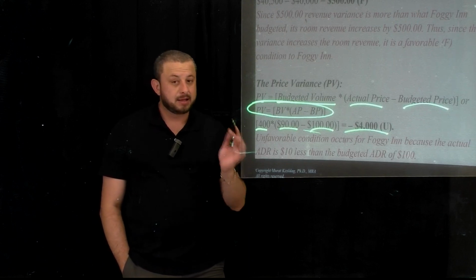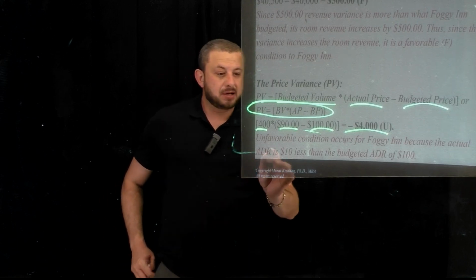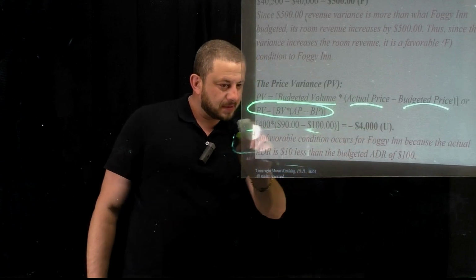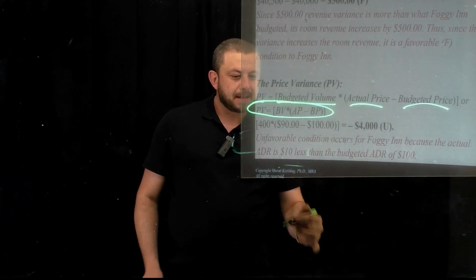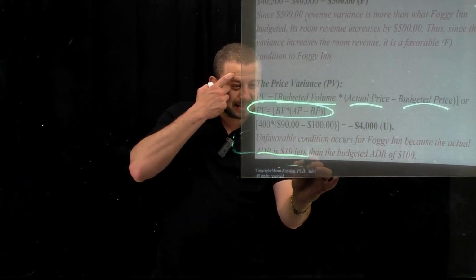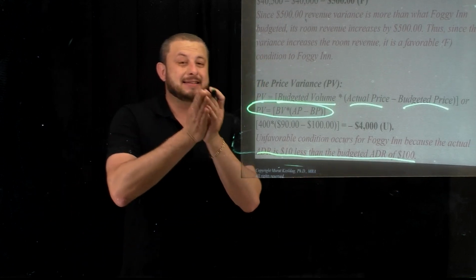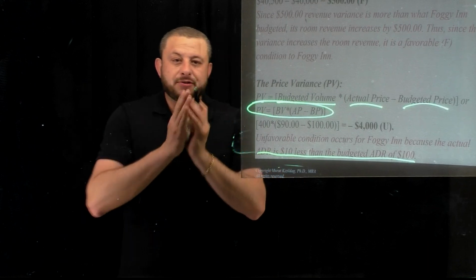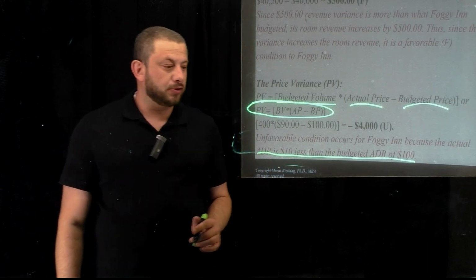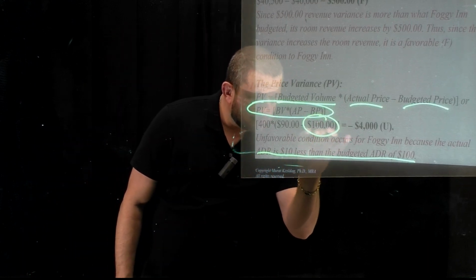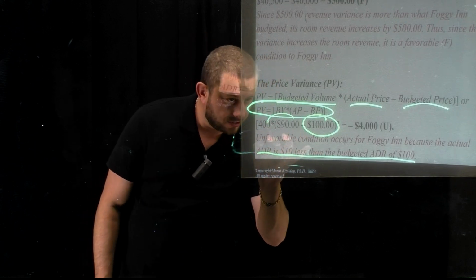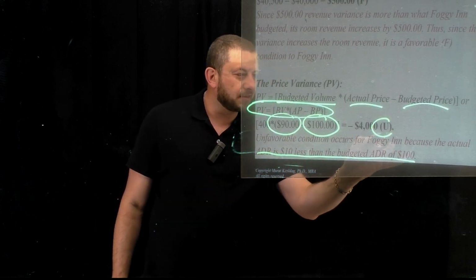Why? Because actual ADR is $10 less than the budget ADR. If budget exceeds the actual, it will produce unfavorable conditions for the revenues. If the budget, $100, exceeds the actual, which is $90, it will produce unfavorable results.